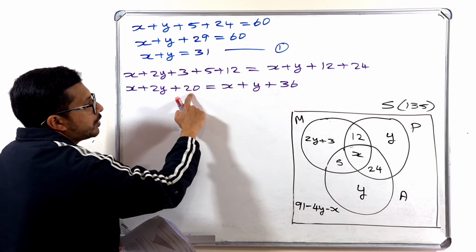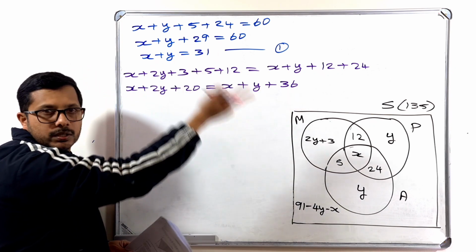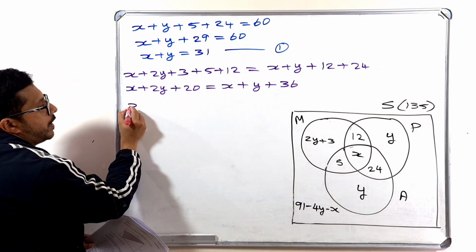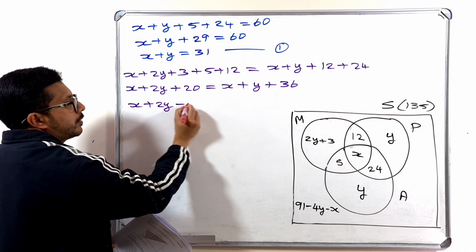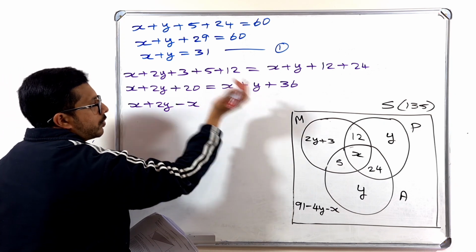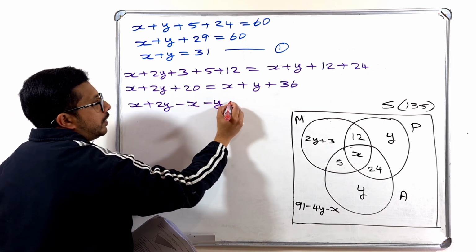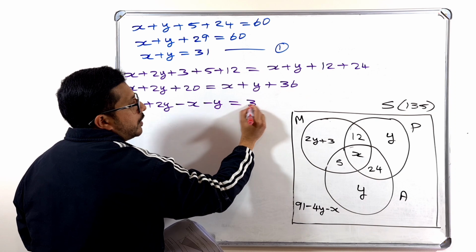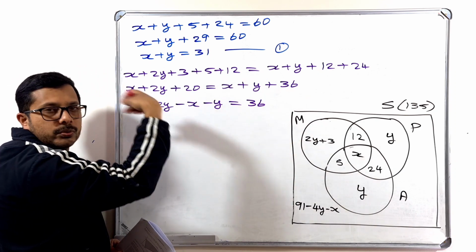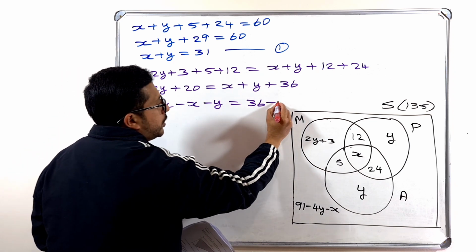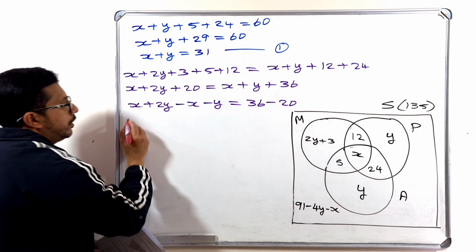Take this constant 20 to the other side, so it is minus 20.